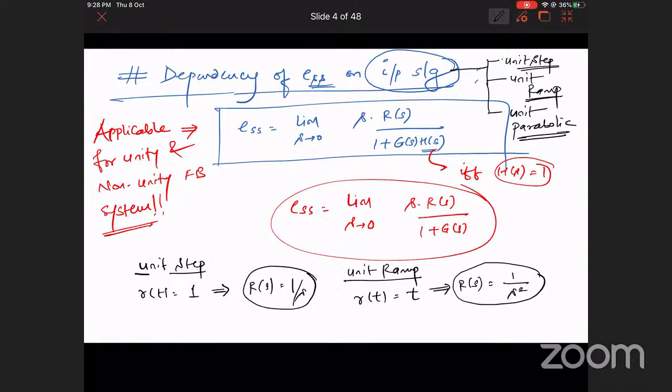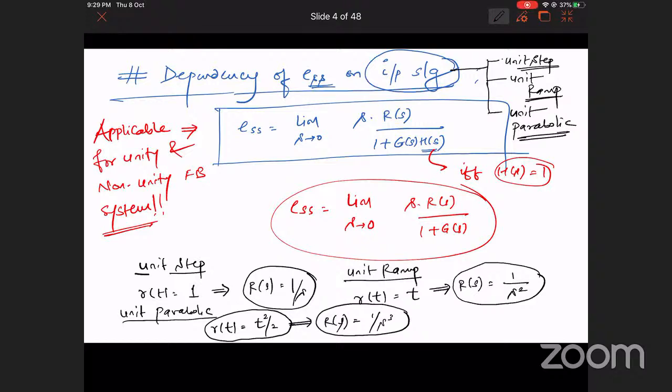When I say unit parabolic, R of t is always t square by 2. This is a standard formula. For it, R of s, that is the Laplace transform of t square by 2, if you apply the formula, you will get 1 upon s cube.